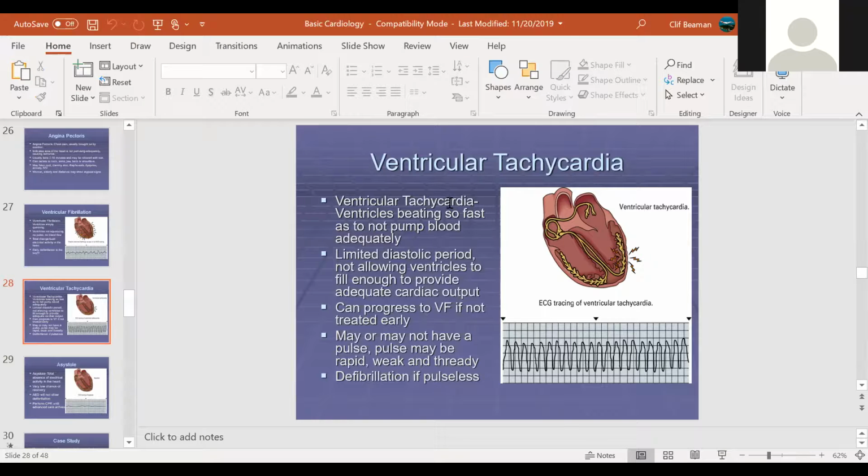Yeah, you could try vagal maneuvers with these people. It may help. You may see some change on the monitor, but if not, you're going to have the 12 lead. I would have defib pads ready in case they went from VTAC with a pulse to VTAC without a pulse. I would be concerned about that, and I would be ready for moving into a defibrillation mode. But as long as they have the pulse, IV and give them fluids for sure. Try some vagal maneuvers and monitor them for changes, because that's what I would be doing.